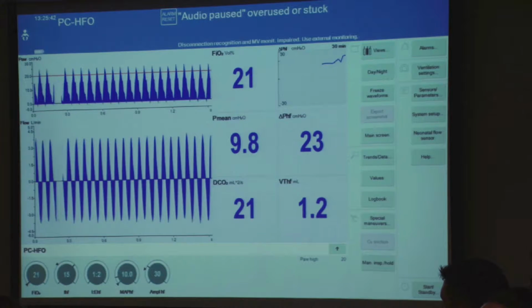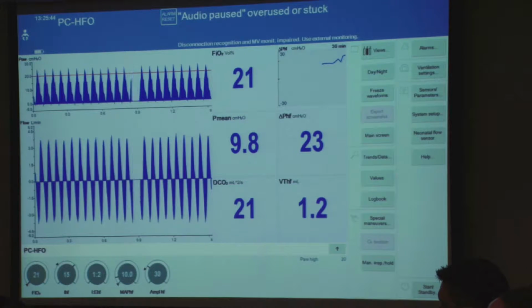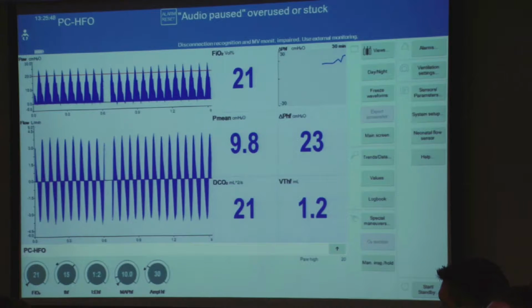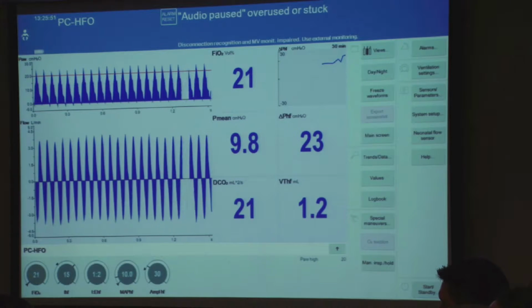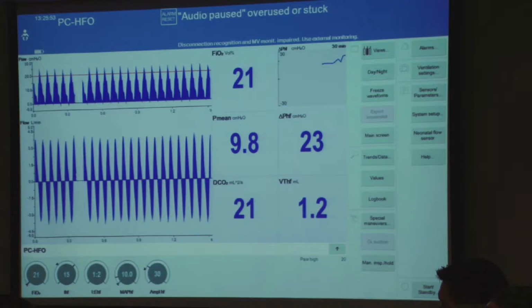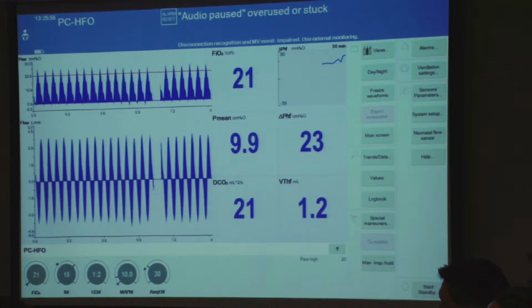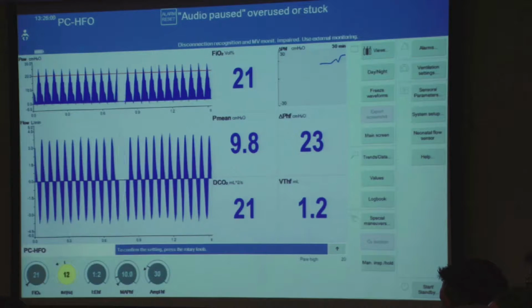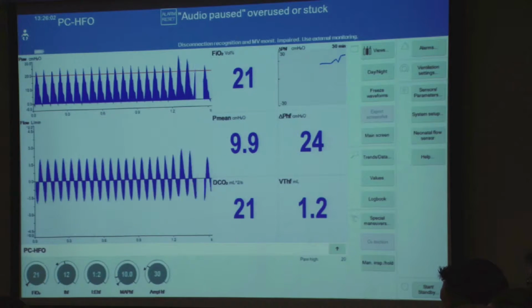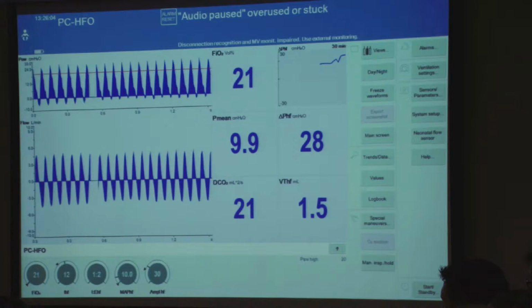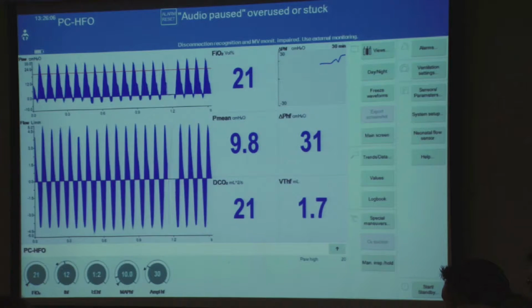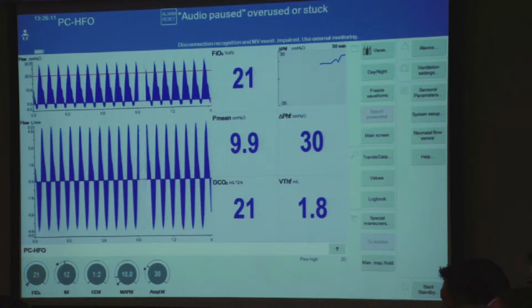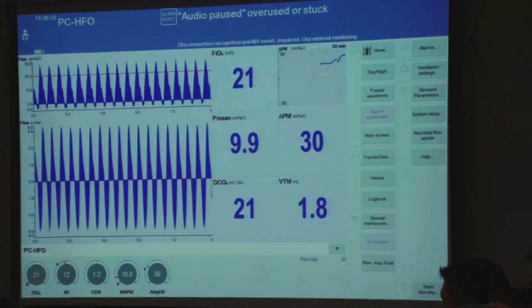Why does it max out though? Because the diaphragm is maxed out as much as it can, it can't give you any more. But look what happens now. If I lower the frequency, let's go to 12. It will automatically have the same problem, but at a higher set point.